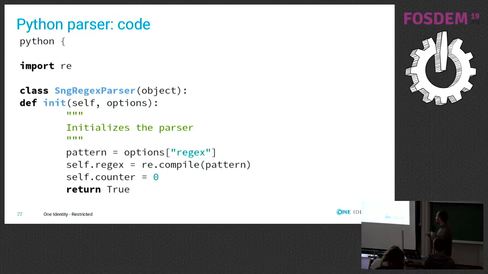Here we also use the init method, where we initialize the regular expression parser and also start the counter. I'm showing this as the Python code is started together with syslog-ng, and it's running constantly as long as syslog-ng is running or reloaded.